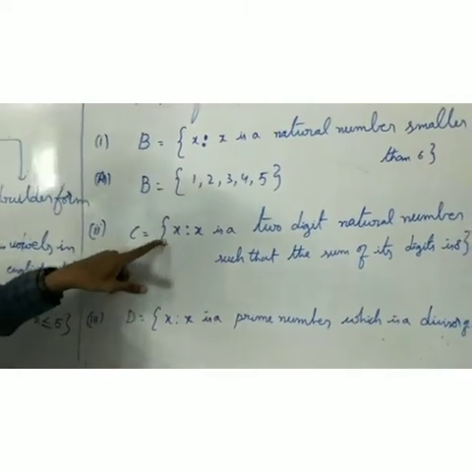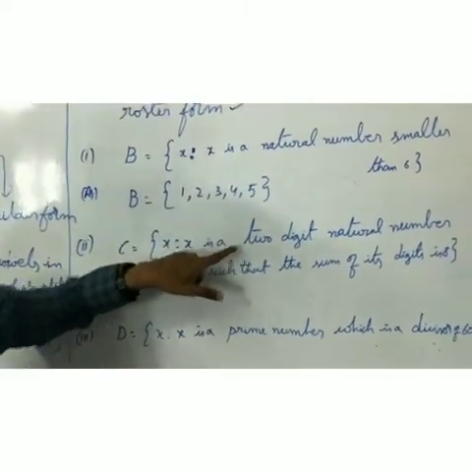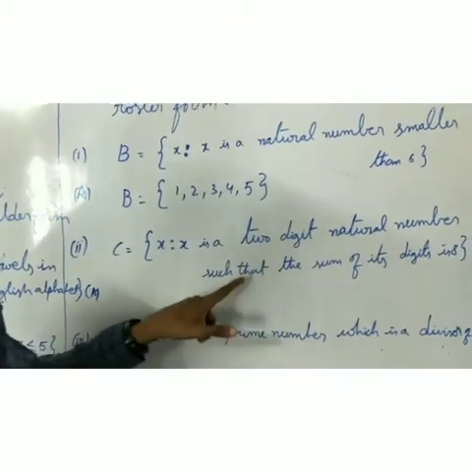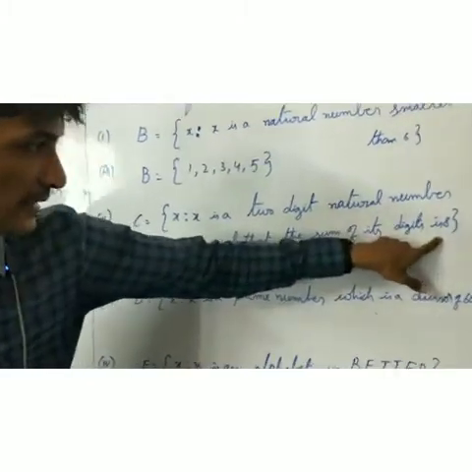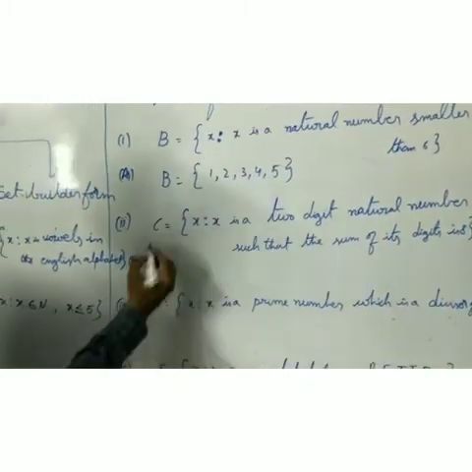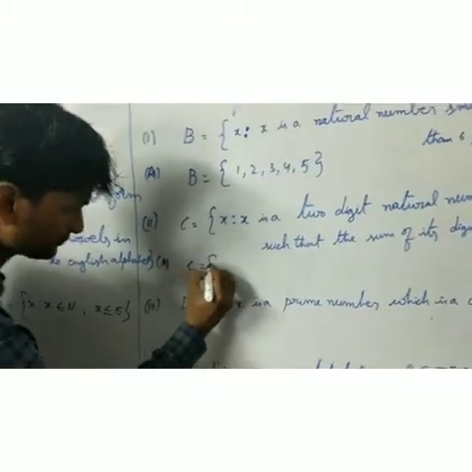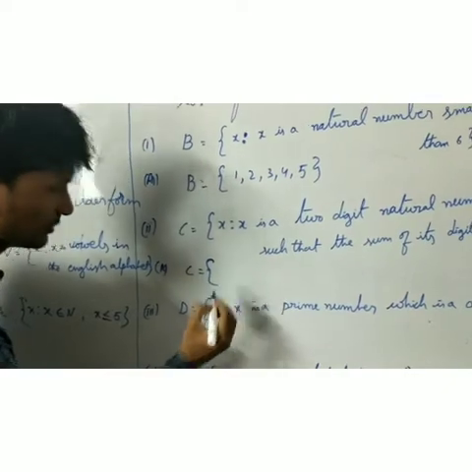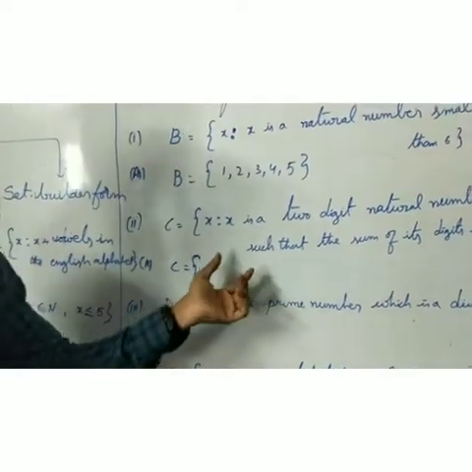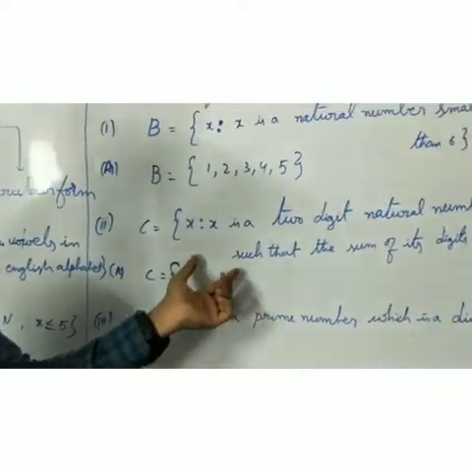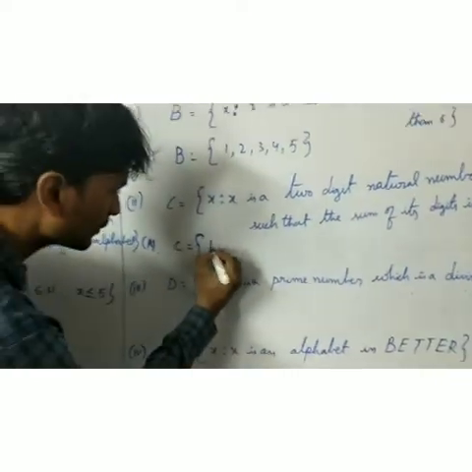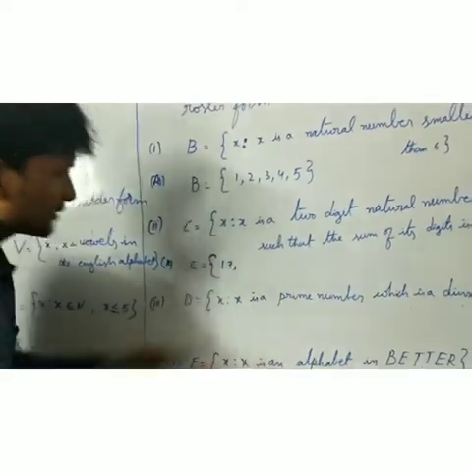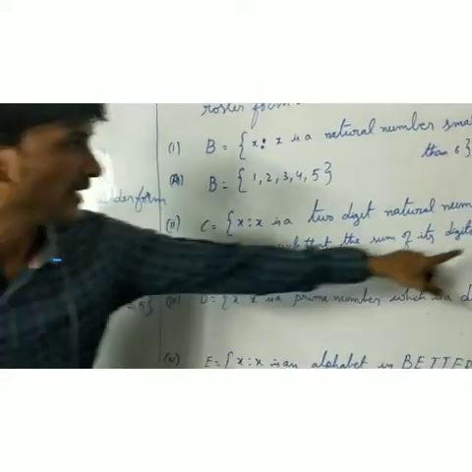Next one, C equal to x such that x is a 2-digit natural number such that the sum of its digits is 8. So C equal to, what 2-digit numbers should be added to get 8? 17, 1 plus 7, we can get 8.